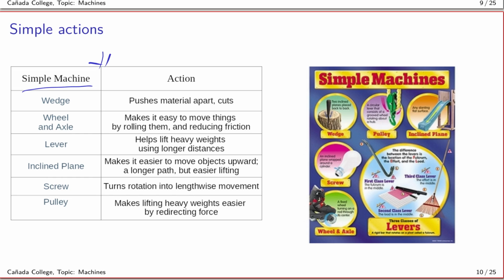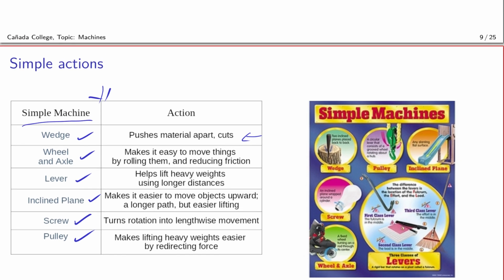So you can see there's a wedge, a wheel and axle, a lever, an inclined plane, a screw, and a pulley. And each one of them simplifies a certain type of action or actions. For example, a wedge, if you think about a scissor, you have a wedge-shaped edge on the scissor that makes it easy to cut through a piece of paper or a piece of cloth.